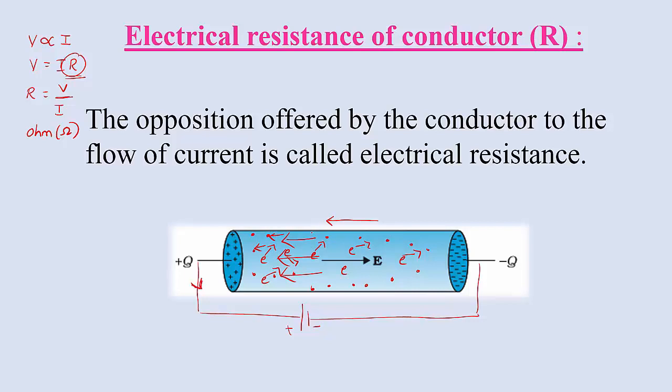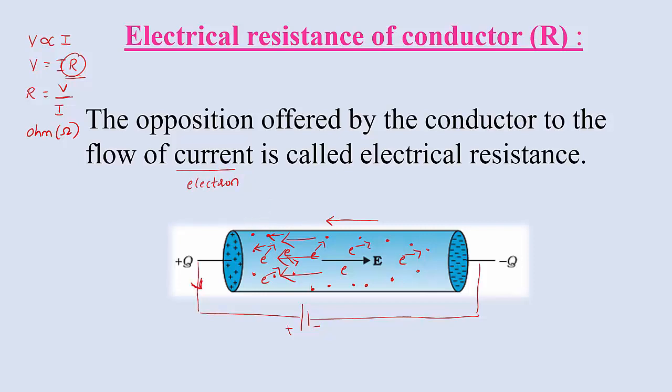So what is resistance? The opposition offered by the conductor. Why is the opposition offered by the conductor? It is because of collision between the free electrons and the fixed ions of the conductor. So because of the collision, opposition is offered. The opposition offered by the conductor to the flow of current, or to the flow of electrons, is called electrical resistance. So is it clear?